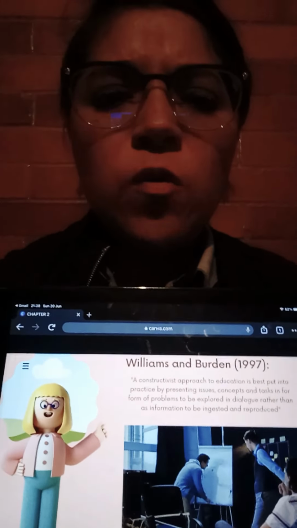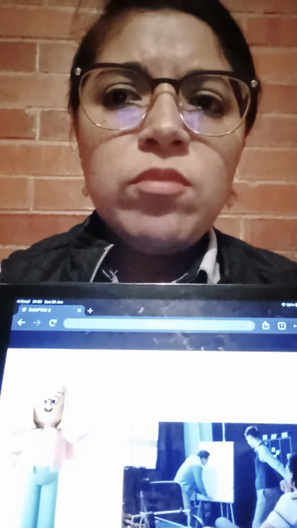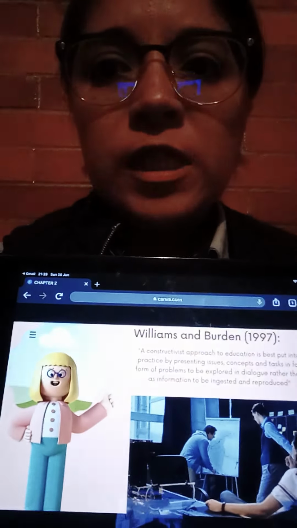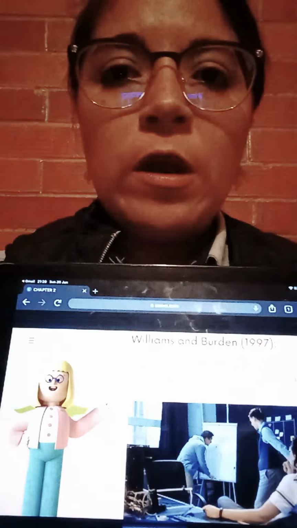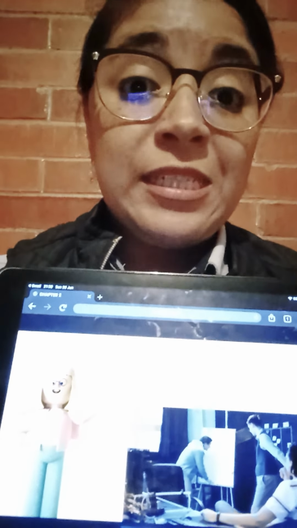Let's continue. Okay, so Williams and Burden said that a constructivist approach to education is best put into practice by presenting issues, concepts, and tasks in the form of problems to be explored in dialogue rather than as information to be ingested and reproduced.